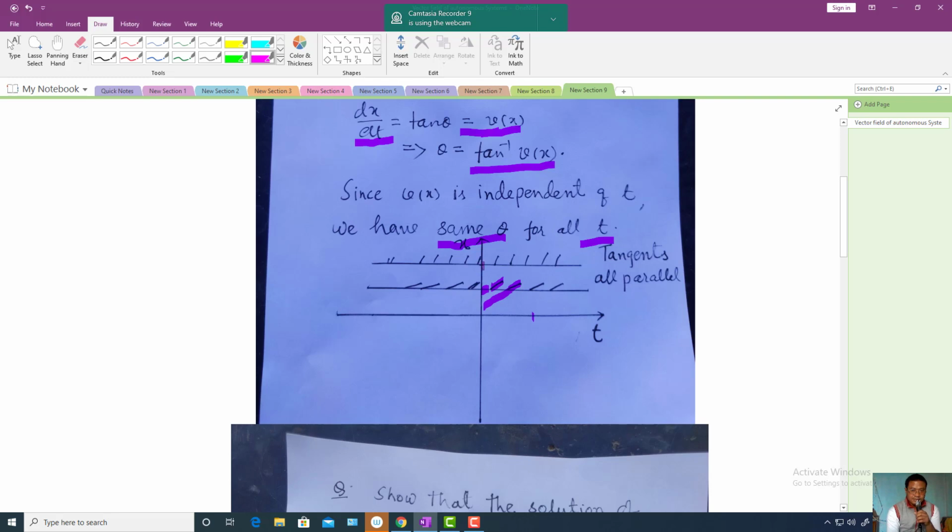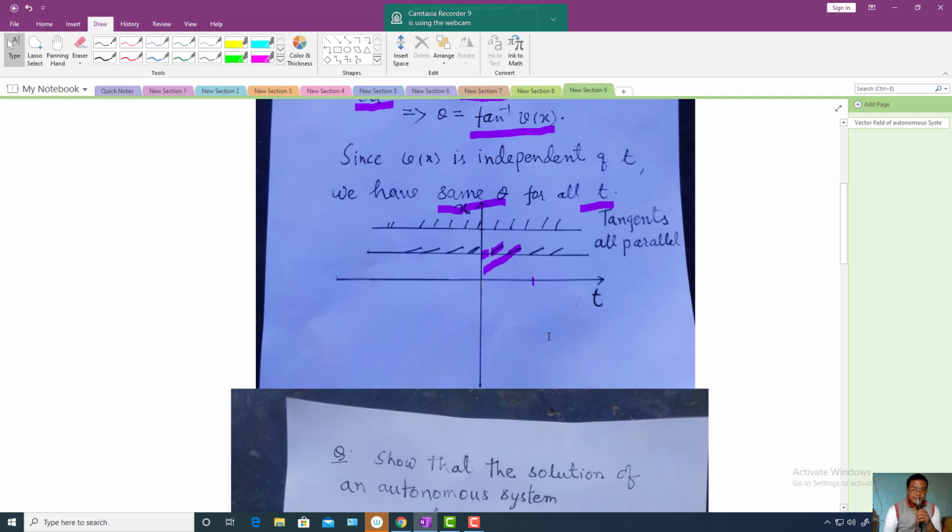If you take a point here and draw a horizontal line parallel to the time axis, then at any point the direction of the tangent is parallel to this one and this one. They are all parallel. So for an autonomous system, for a given x, the set of tangent vectors are parallel.